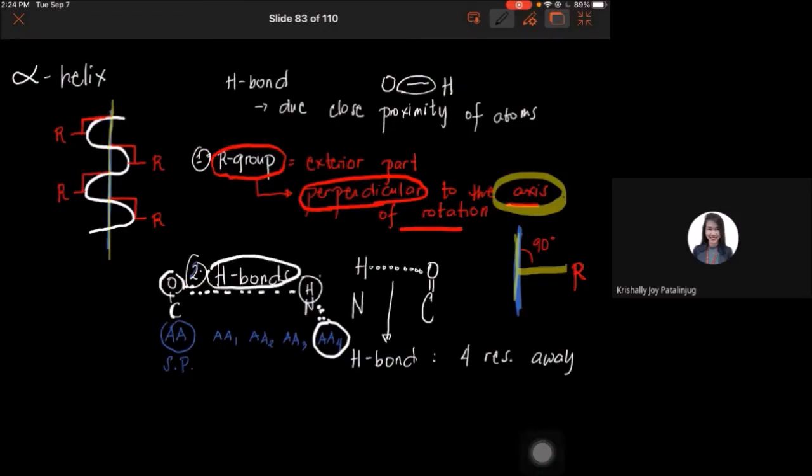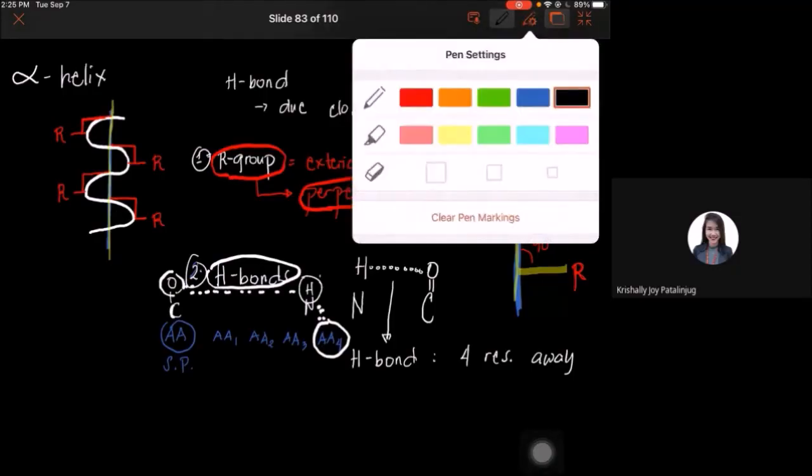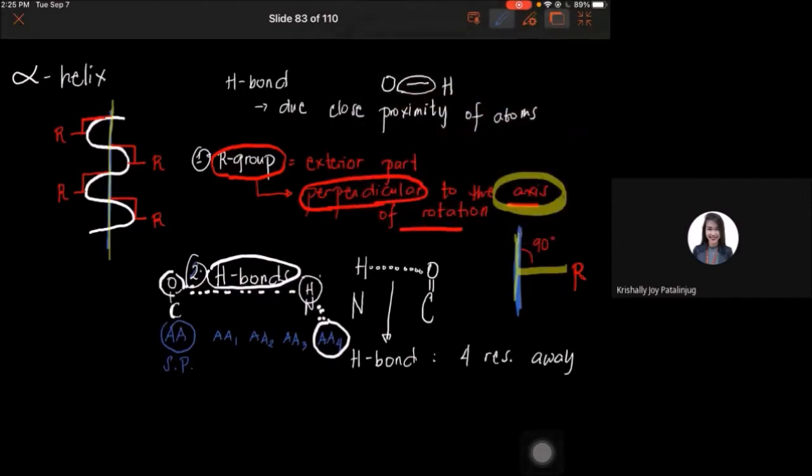Okay? From the starting point and apat na residues away. Apat na residues away. Okay, so later may mas 3D, three-dimensional representation para mas ma-illustrate yung interval with regards to the formation of hydrogen bond.